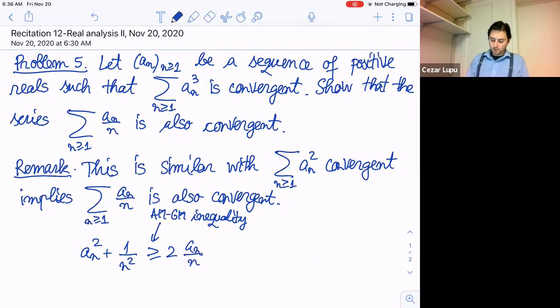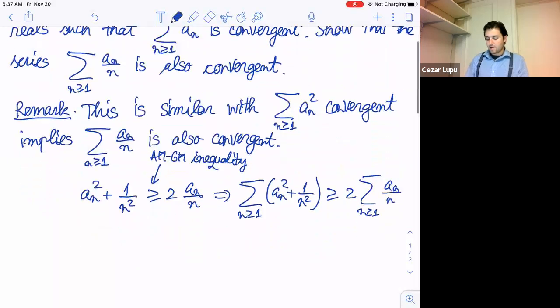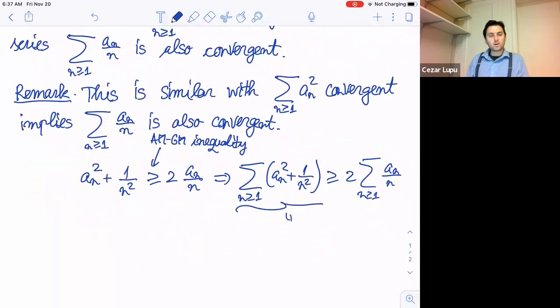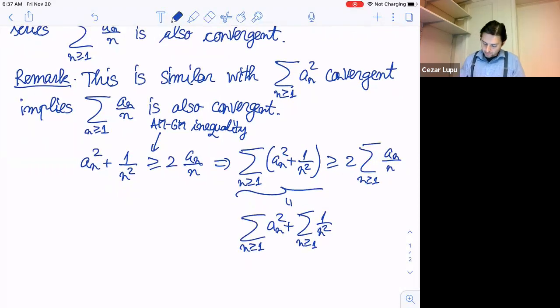And this implies that the sum of a_n squared plus 1 over n squared is greater or equal than the sum of a_n over n. But this is the sum of two convergent series: the sum of a_n squared plus the sum of 1 over n squared. Both of these are convergent.